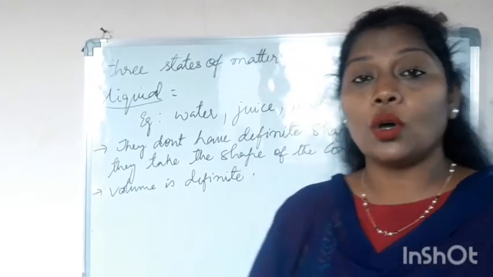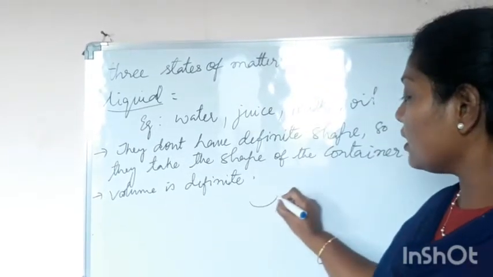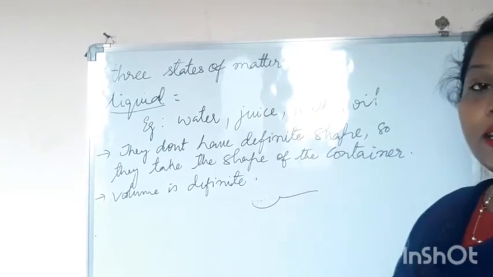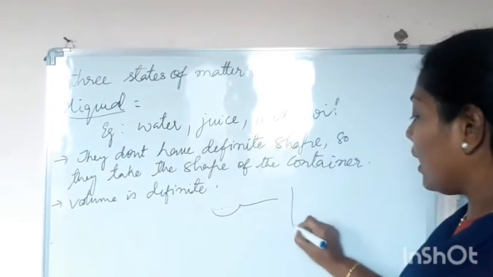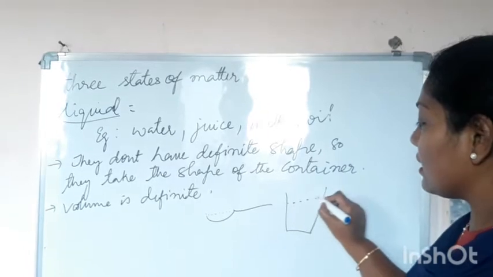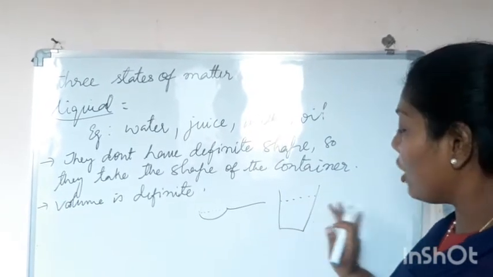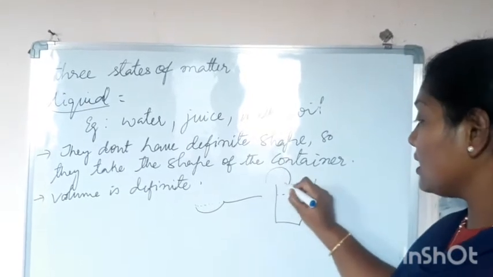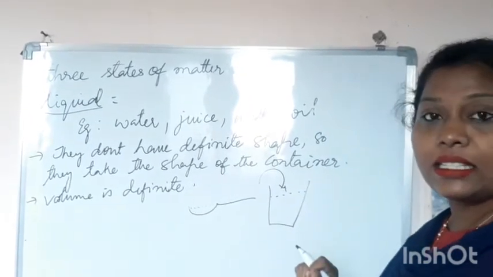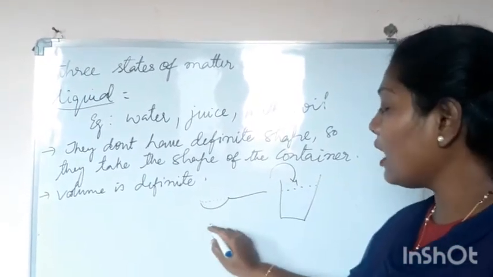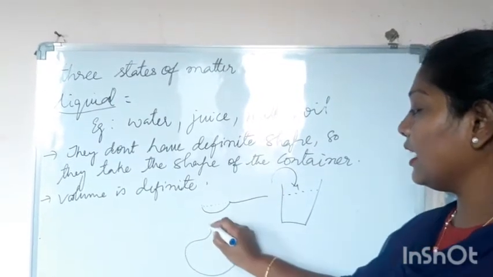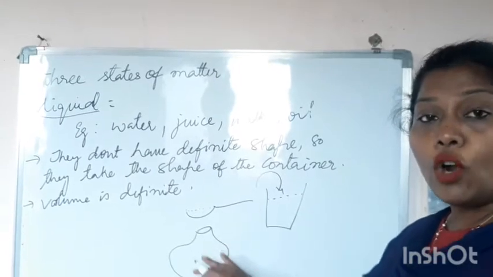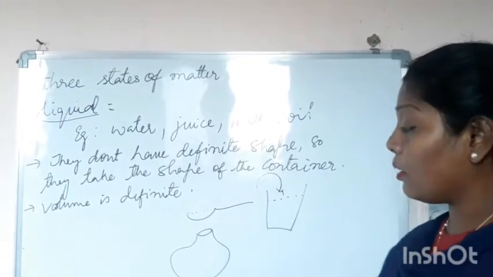If you observe, the water which is present in the spoon will take the shape of the spoon. If I pour water in a glass, and now I ask the shape of the water in this glass, the shape of the water is the same as the glass. If I take it in a pot, now if I ask the shape of this water, the water takes the shape of the pot.